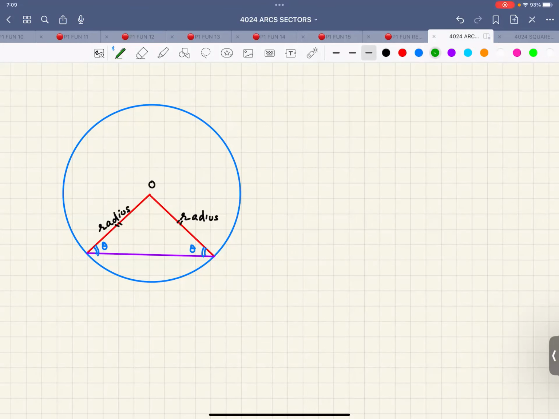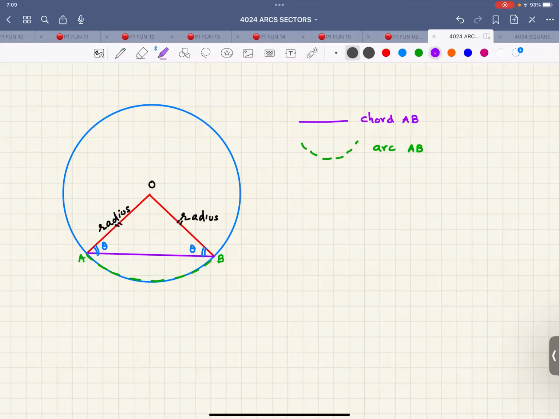What else is there? This line, this is A, this is B. The purple line, that is the chord AB. And if I talk about this thick green line right over here, the curvature, that is the arc AB.